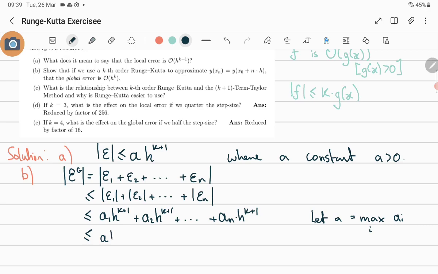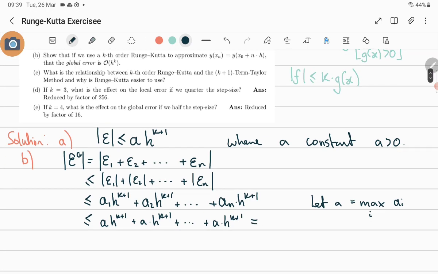So this is a times h to the power of k plus 1 plus a times h to the power of k plus 1 plus dot dot dot plus a times h to the power of k plus 1. Again, we've taken a worst case scenario by taking the biggest possible value of a. There are n of these, because there was a1 to an, and now we've replaced them all with a times h to the power of k plus 1, so n times h to the power of k plus 1. But now n is actually related to the step size.